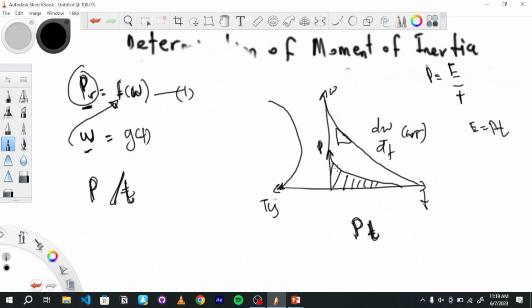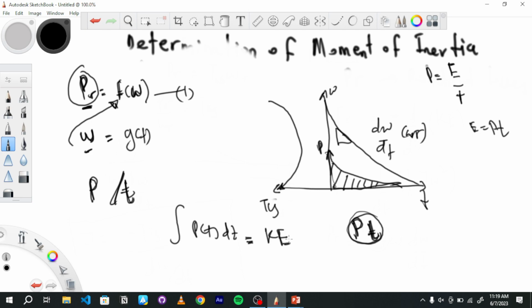So this graph of P against time, the area under this, and we know that area is the integral, so integrating this function of time, dt, the area under this curve corresponds to the kinetic energy. So this area will correspond to kinetic energy.